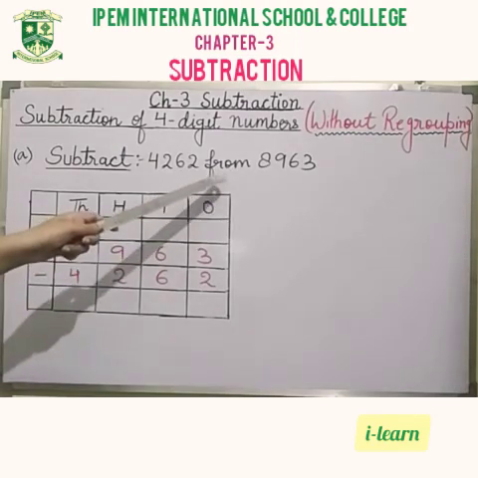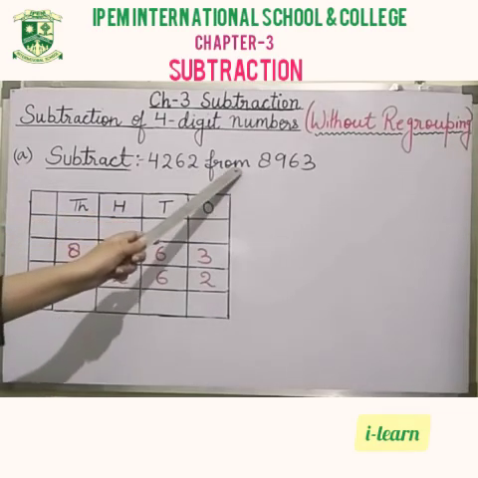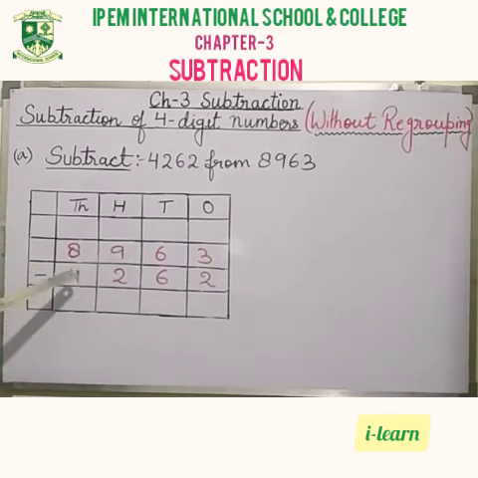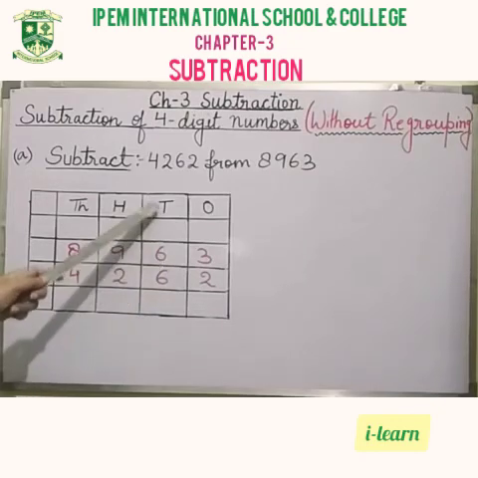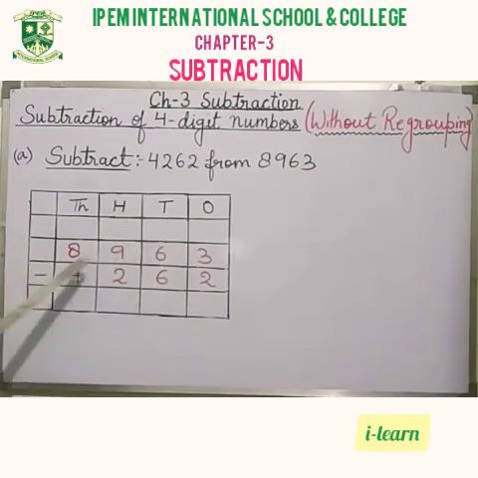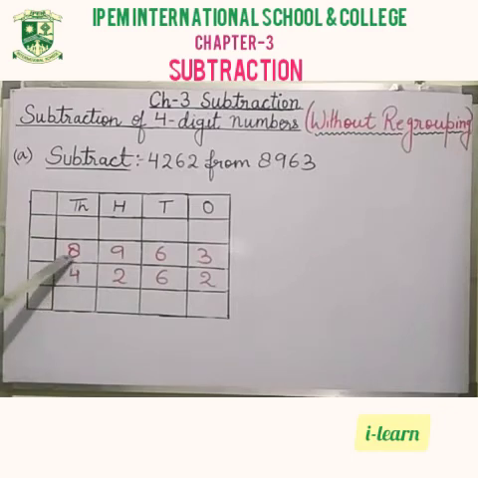Now as you know, we always write the bigger number first, that is the number which is written after the word from. So we will arrange this 8,963 under these place values: 8 thousands, 9 hundreds, 6 tens and 3 ones.